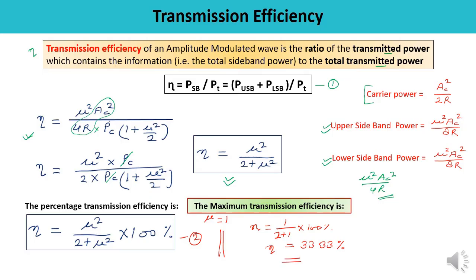So the maximum transmission efficiency is 33.33%. It means only 1/3 of the total power is carried by the sidebands and the remaining 2/3 power is wasted. You must remember that the maximum transmission efficiency is obtained when mu is 1, which is the case of perfect modulation. Clear? Let me remind you, only 1/3 of the total power is carried by the sidebands while 2/3 power is wasted.